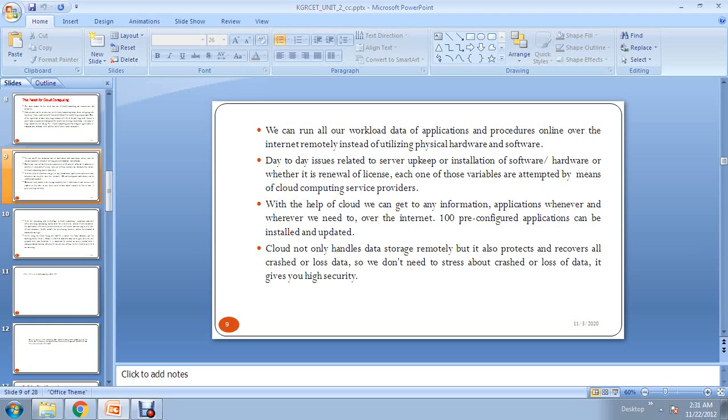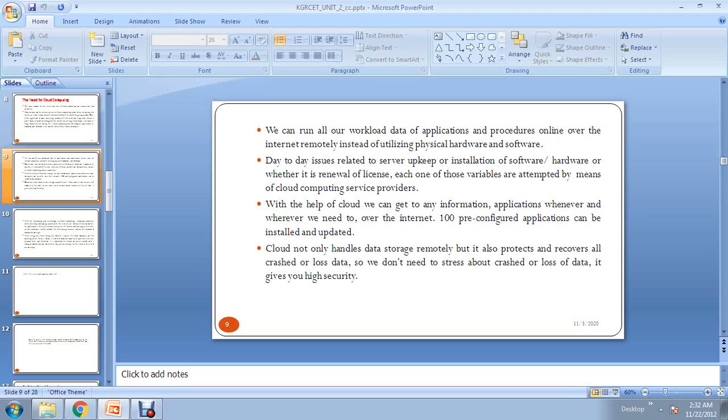Then there are day-to-day issues related to the server, and we also have to install the software and hardware, and renew the license. If you choose physical infrastructure, in the renewal process one person will handle it, and the software updation another person will handle.